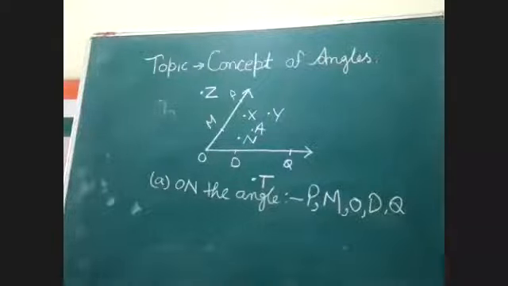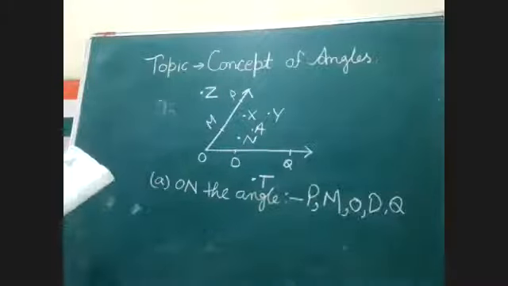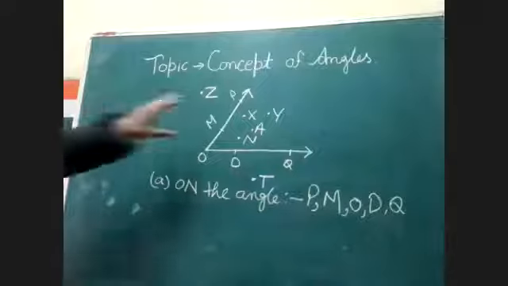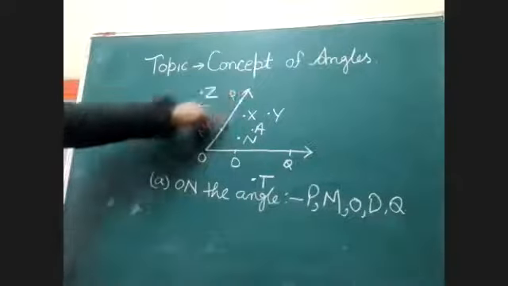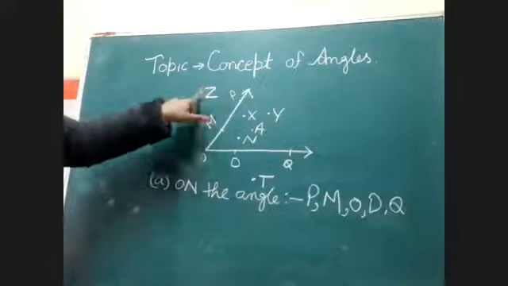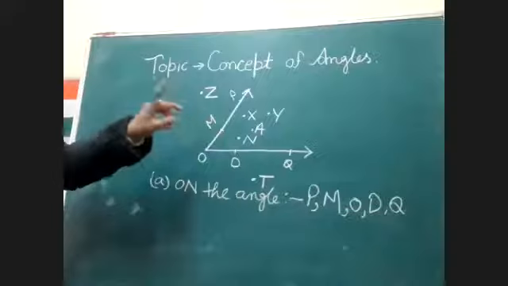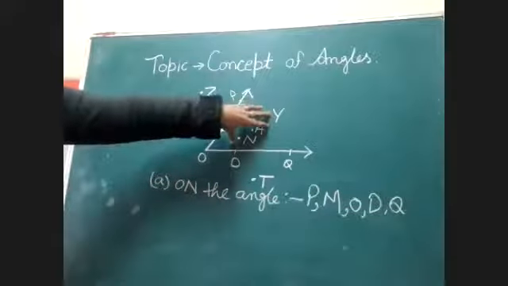Next is Part B: the points which are in the interior of the angle. Interior means inside. This is an angle. This is the interior side, and this part and this part are the exterior parts. Now write the points interior in this angle.